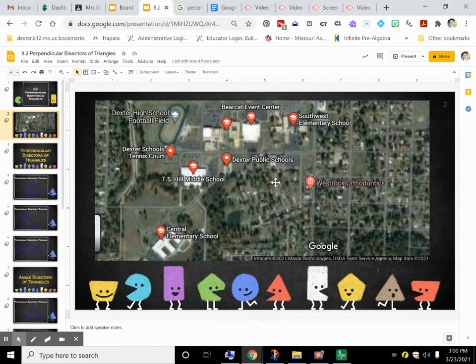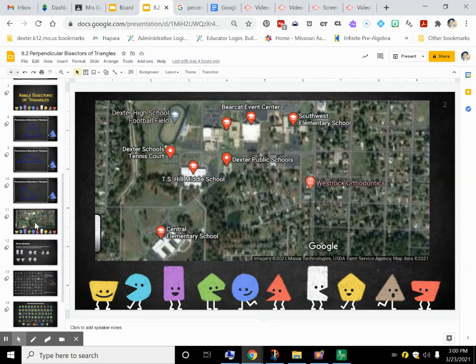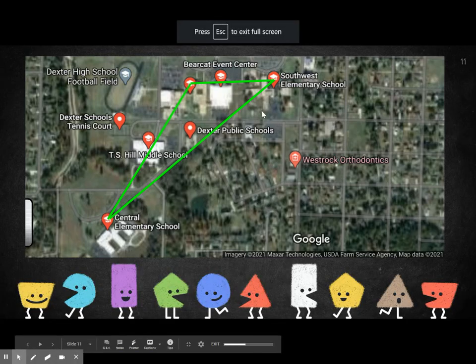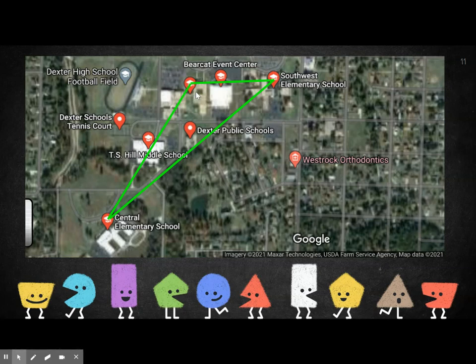All right, so they are wanting to build a storm shelter, and it needs to be the same distance to the high school, Southwest, and Central. So if you were to connect those three locations, you would get a triangle. And so what you need to figure out is, would you need to construct the circumcenter or the in-center to find a location that is equidistant, the same distance to all three, the high school, Southwest, and Central.